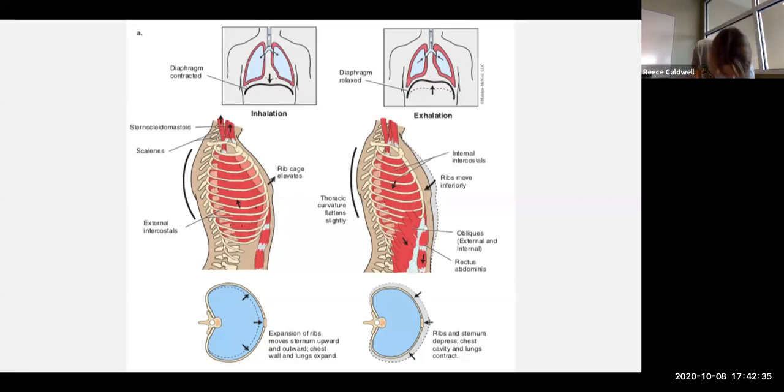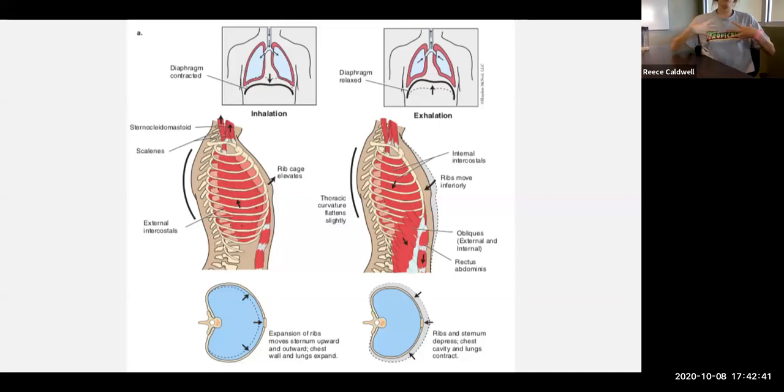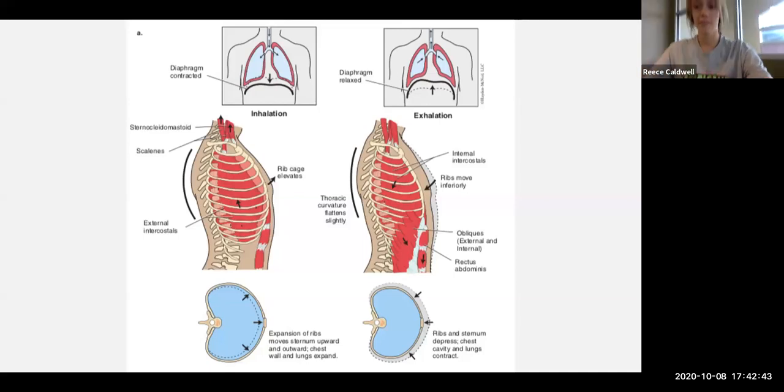Sorry, I'm such a breathing nerd, but we'll save the volume and the pressure, the movement down, the movement out for respiration, but those are two muscles. A lot of people think they're organs or something, but the diaphragm is a muscle and the external intercostals are a muscle. So know those.